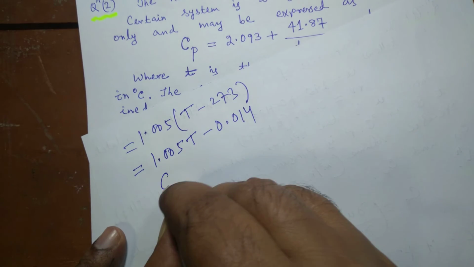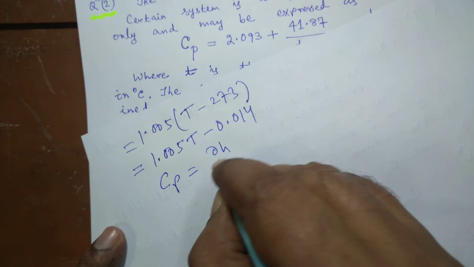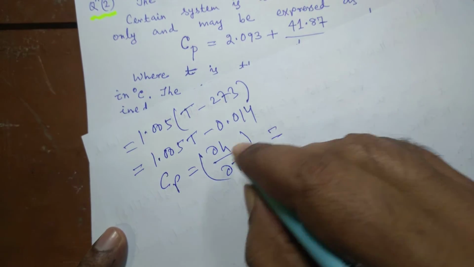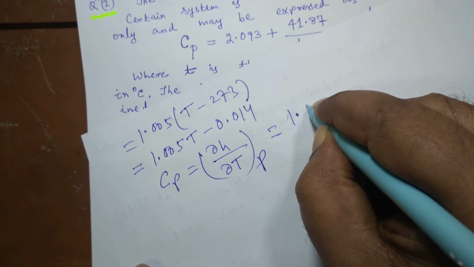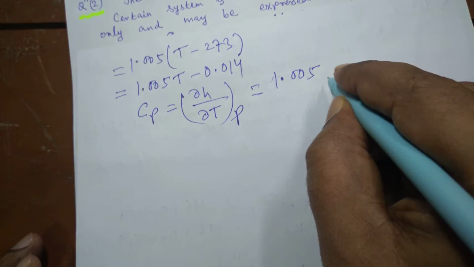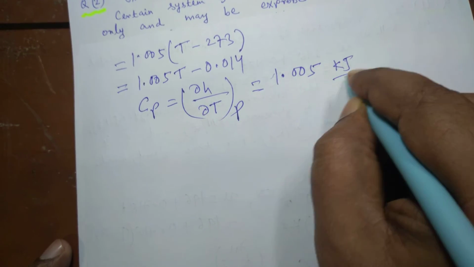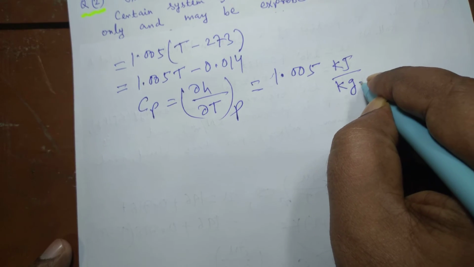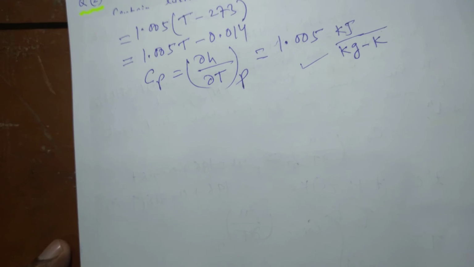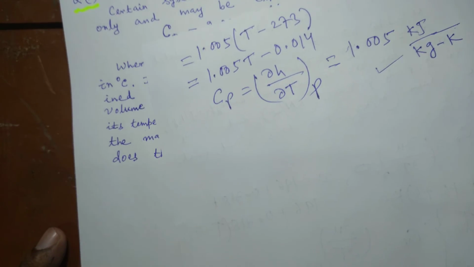So on differentiating, Cp is equal to ∂H upon ∂T, the pressure is held constant. So obviously this would be 1.005. So its unit will be kilojoule per kg Kelvin. So Cp is this much and Cv was calculated earlier.